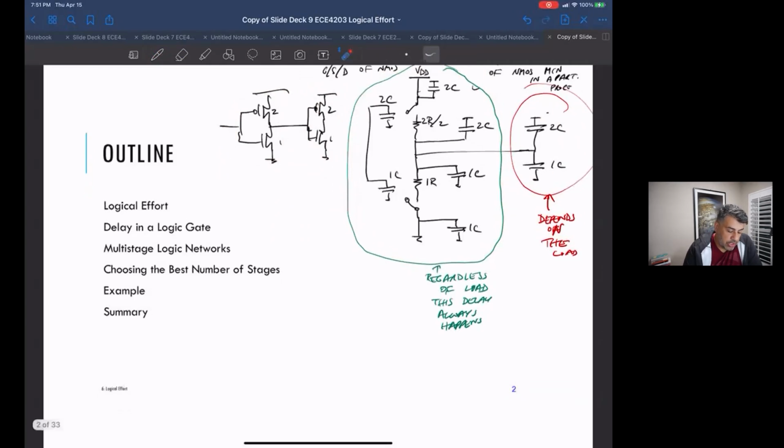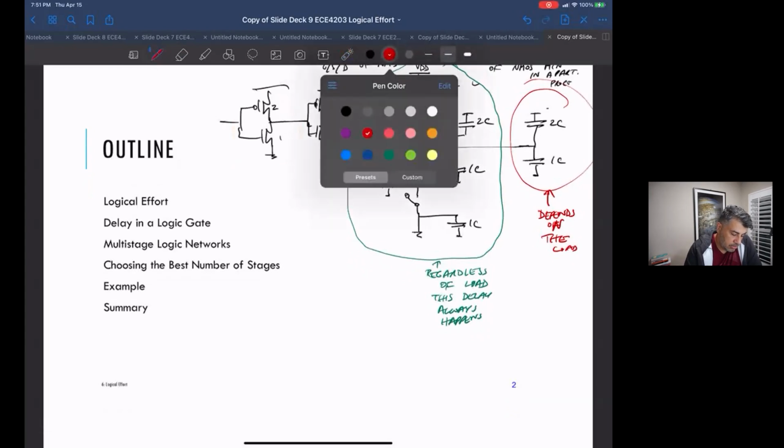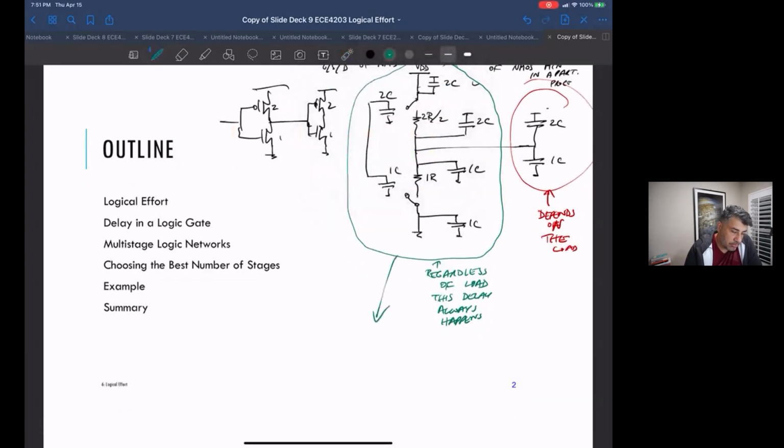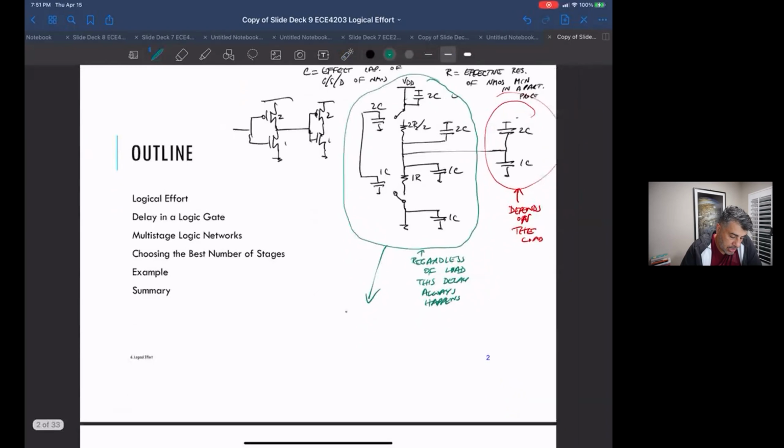Okay, so if I just look at this guy, the green part, I can combine these resistances and capacitances. The resistances just end up being R for the PMOS, and then R for the NMOS.